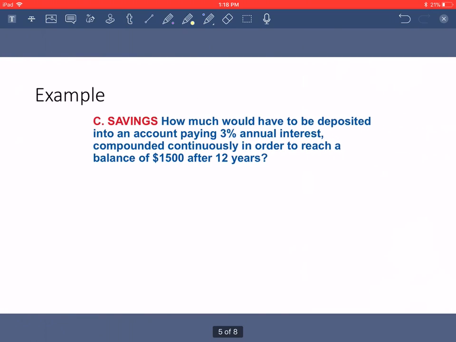Okay, how much would have to be deposited into an account paying 3% annual interest compounded continuously in order to reach a balance of $1,500 after 12 years? So here, my rate is 0.03. I've got my balance at the end, so my A is 1,500.